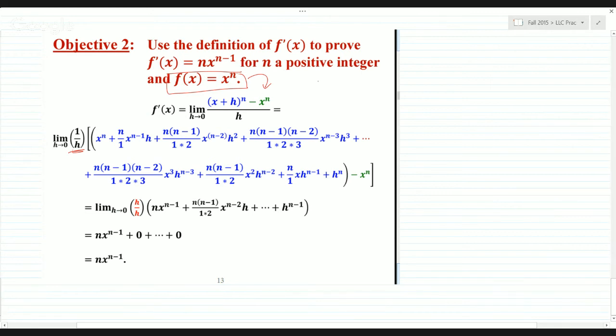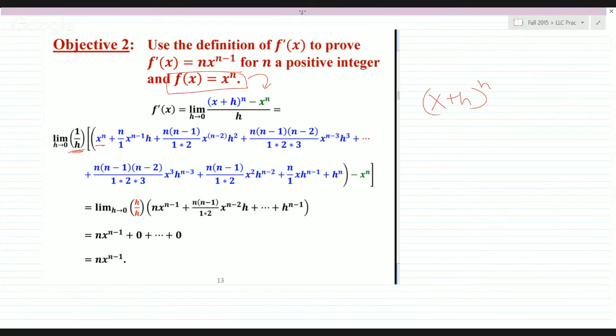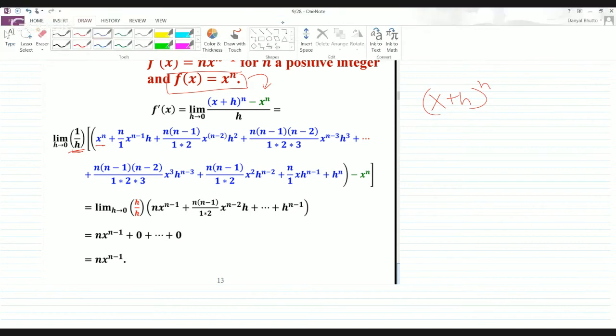Then it's just understanding how x plus h to the n can be simplified. The way it works is you just have to memorize it and see the pattern. I don't know any other better way to tell you guys.